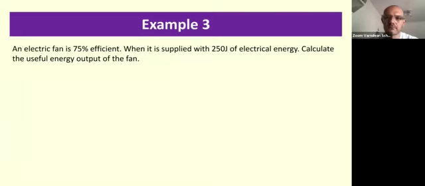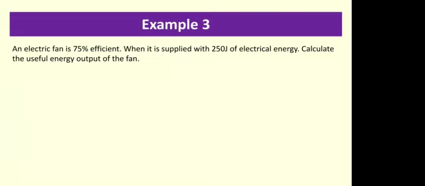But the method I've shown you is 250 divided by 100, and then we're going to times that by the percentage. So it gives us 187.5 joules of useful energy. That's the useful energy output of a 75% efficient fan, which has been supplied with 250 joules of energy.